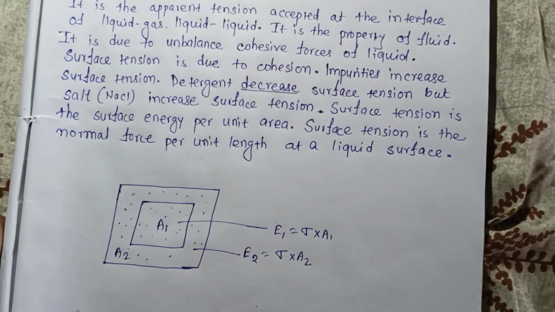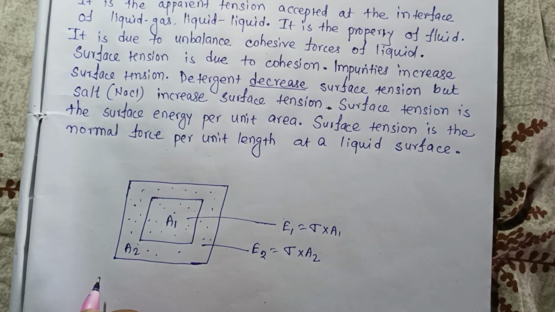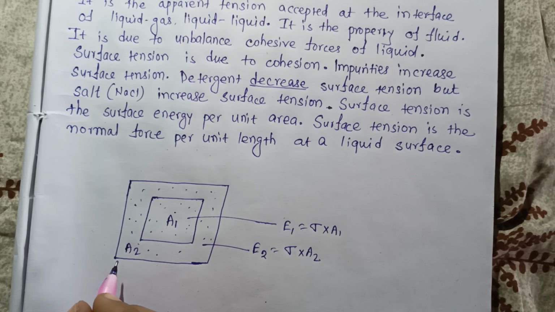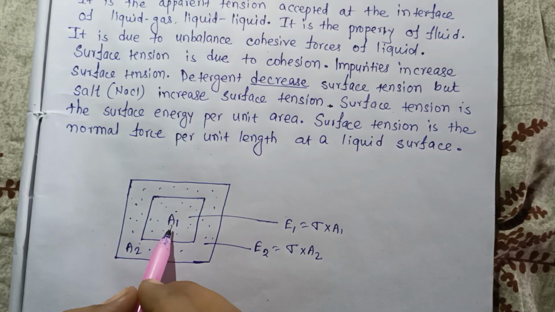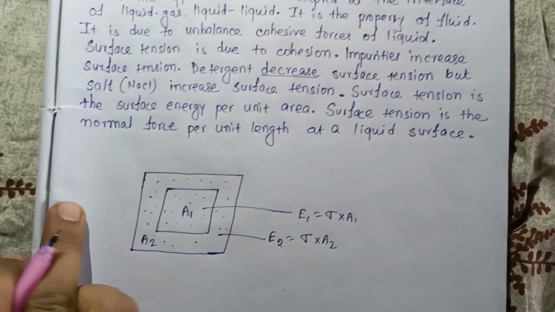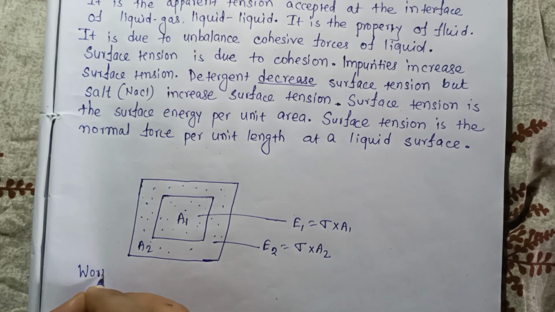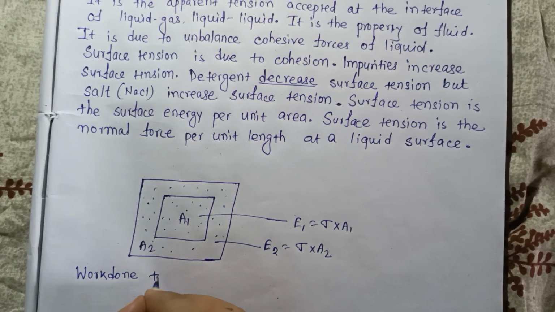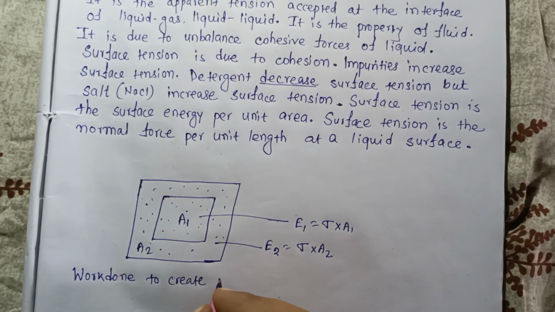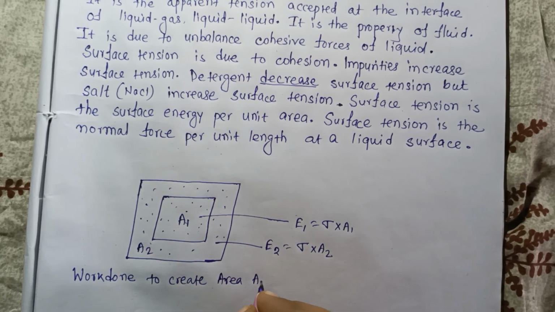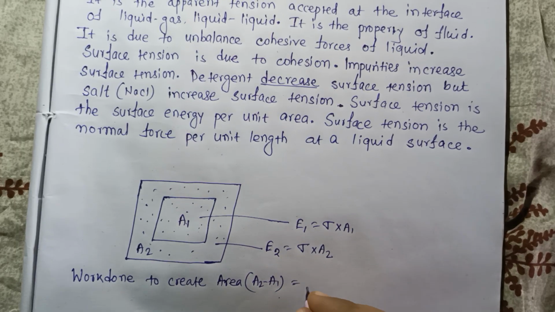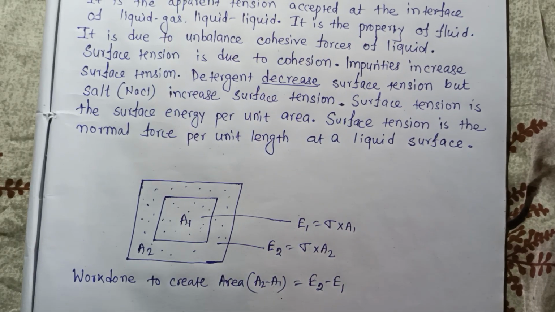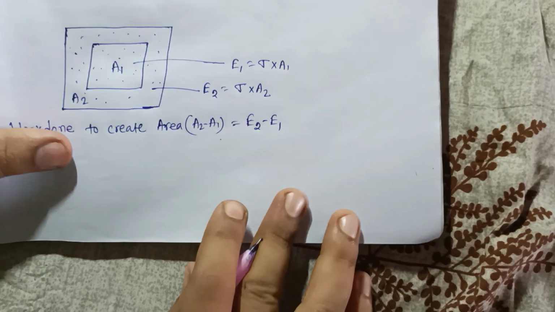So if you want to calculate the work done to create the area A2 minus A1, that is, to create area from A1 to A2, the work done required is E2 minus E1.